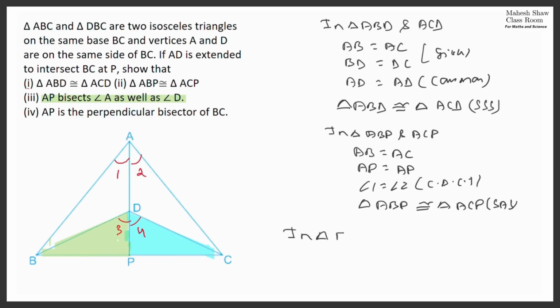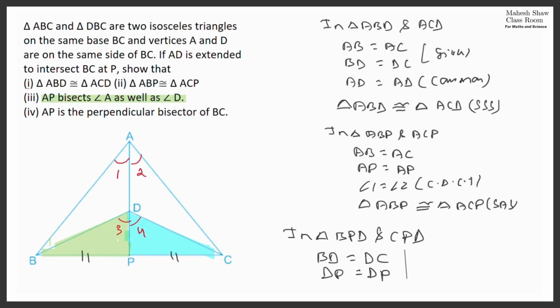So in triangle BPD and CPD, we have BD equals DC, that is given, and we have DP as common, DP equals DP, that is common. And here this side BP equals PC, that is from CPCT.